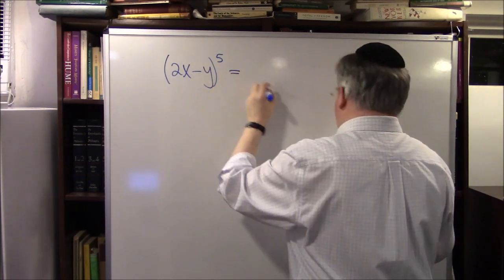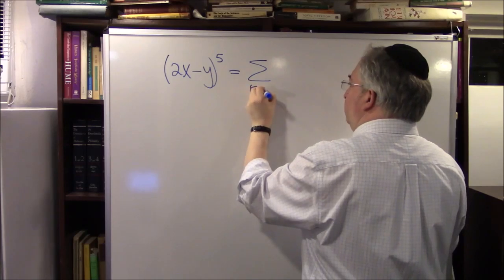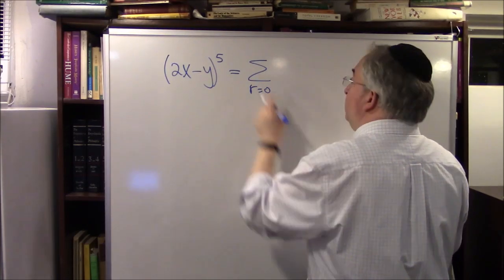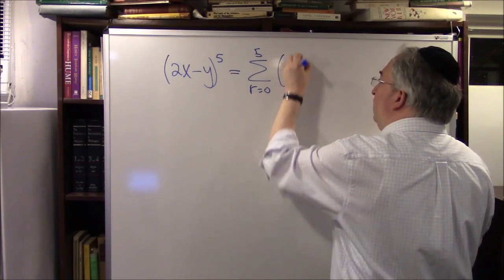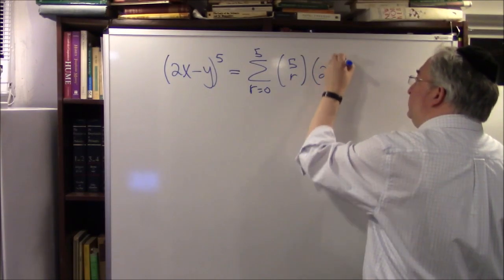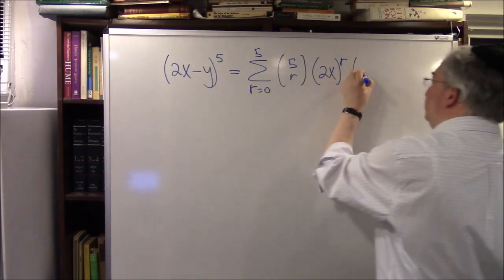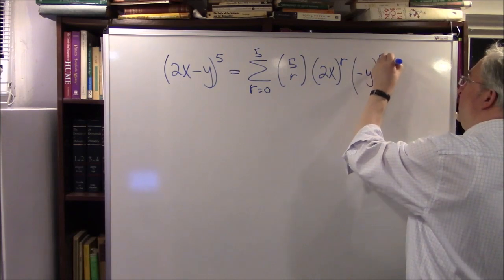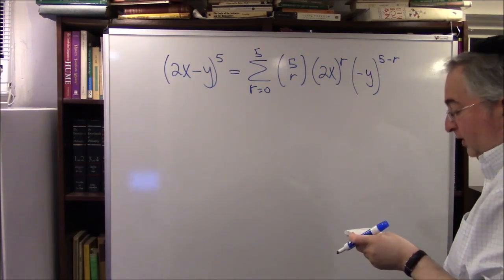It's equal to the sum from r equals 0, because you can choose none of the x's, to 5, of 5 choose r, of 2 to the x to the rth power. Don't forget you have minus y. I specifically chose minus y, to the 5 minus r power. Let's work it out.